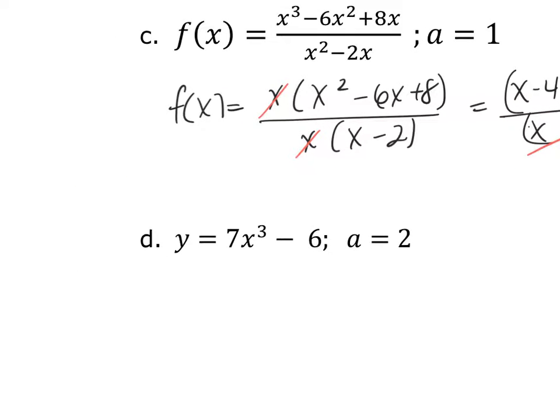Now remember, f of x is really just x minus 4, which makes our life so much easier. What is the derivative of x minus 4? 1. So f prime of x is equal to just 1.